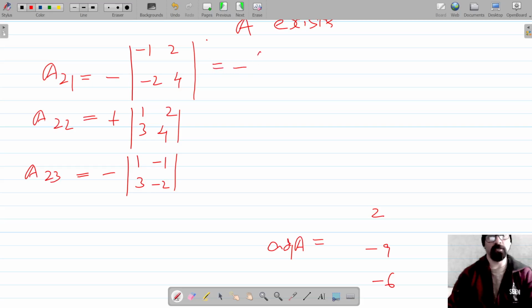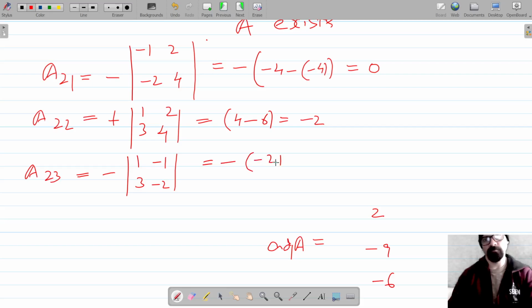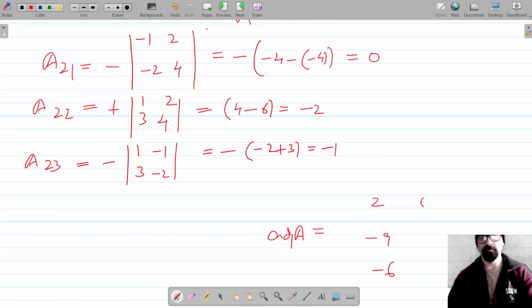So this is 0, negative 2, and negative 1.